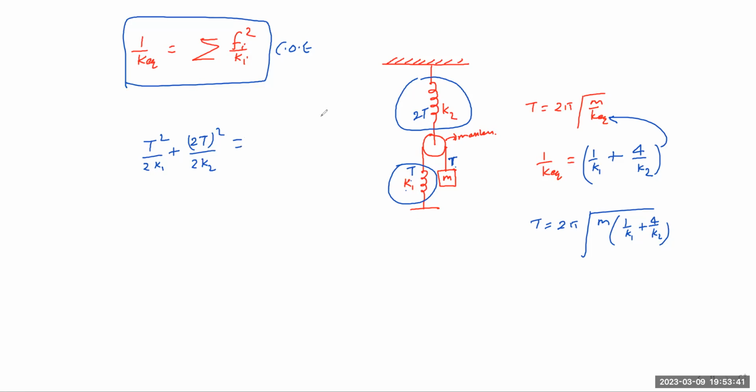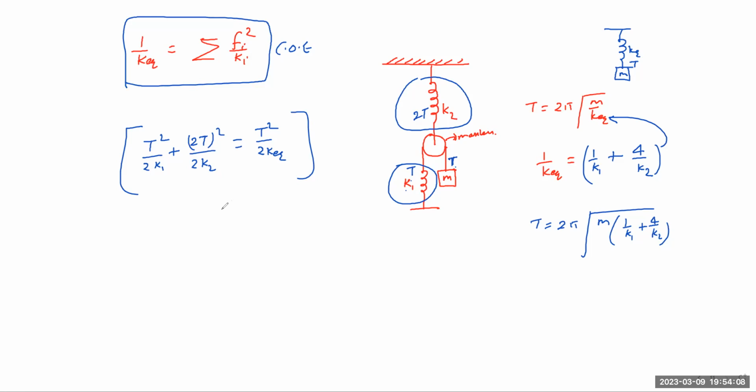And if I replace it by a single spring-block system, the energy stored is T²/2k equivalent. When you replace it by a single equivalent spring, it should store the same energy as before.